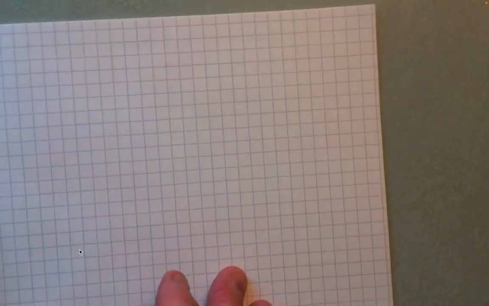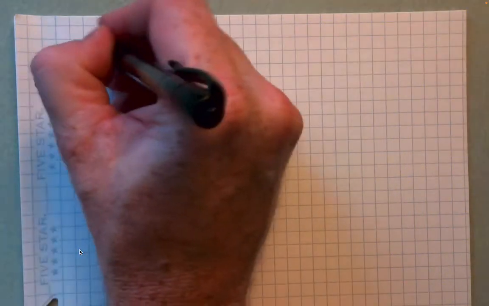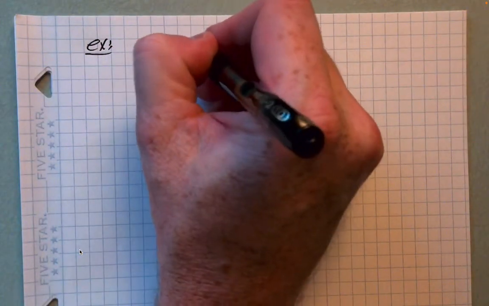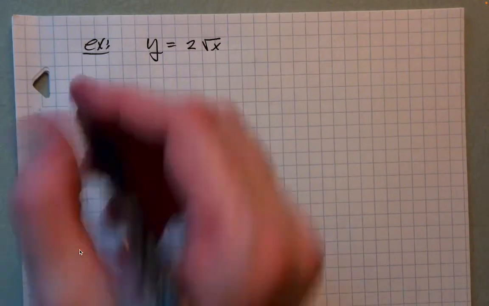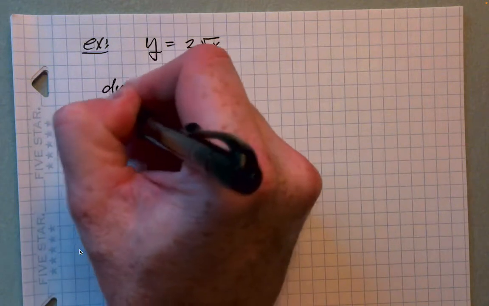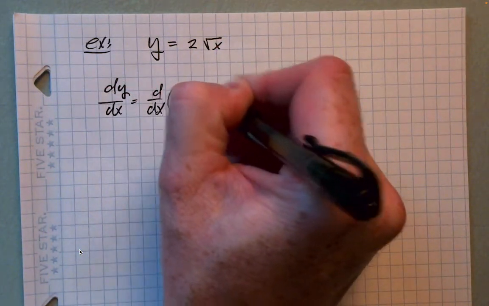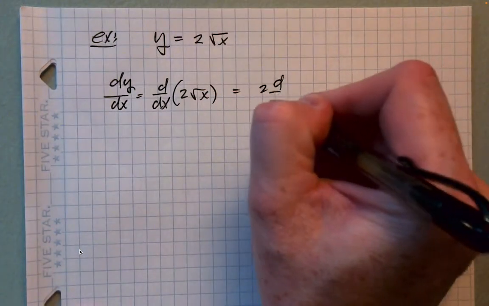All right, how about a few more? We're not going to exhaust the examples, of course, but we want to make sure we go through enough of these that it's clear. How about y equals 2 times the square root of x? All right, so that means dy over dx is equal to d dx of 2 square root of x, of course. You can pull the 2 out.